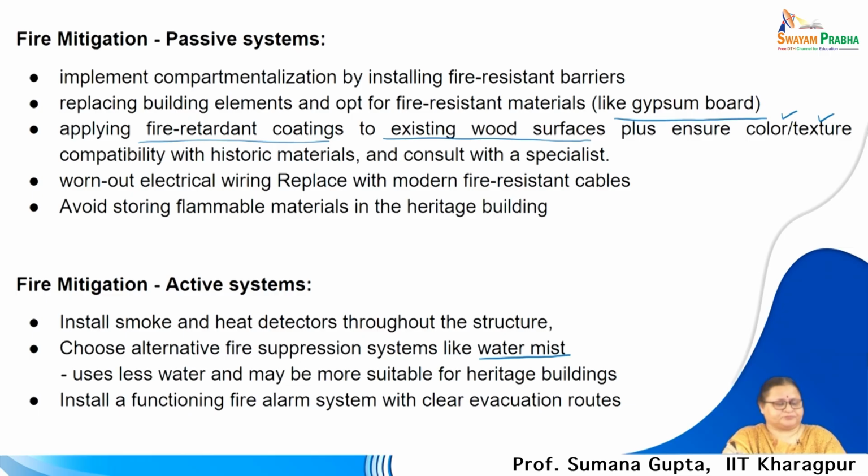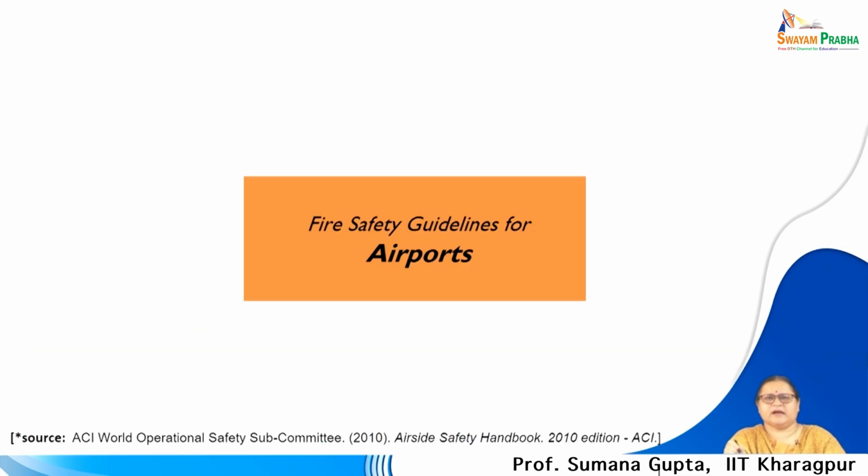recognized. So, with this I think we come to the end of the heritage buildings and also the museums, where some heritage items are preserved. And now we move to another important area, which is the airports.